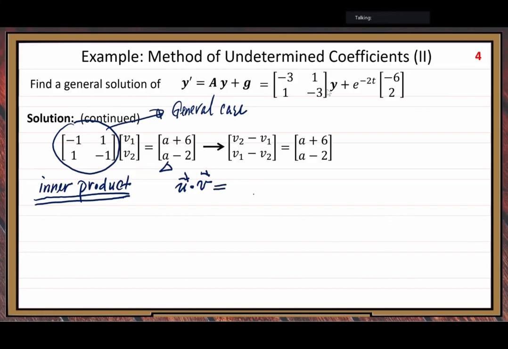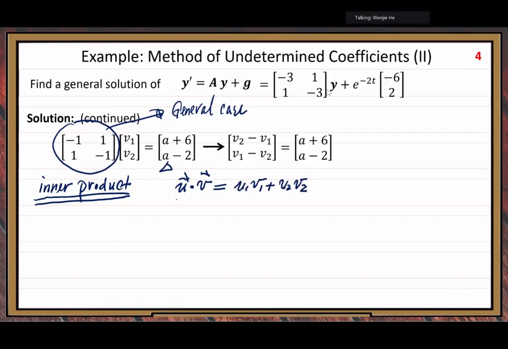Let me just use the simplest case, the two-dimensional case, although we can generalize to n dimensions. It's good enough to consider two dimensions. U1 V1 plus U2 V2. That's the inner product between two vectors.